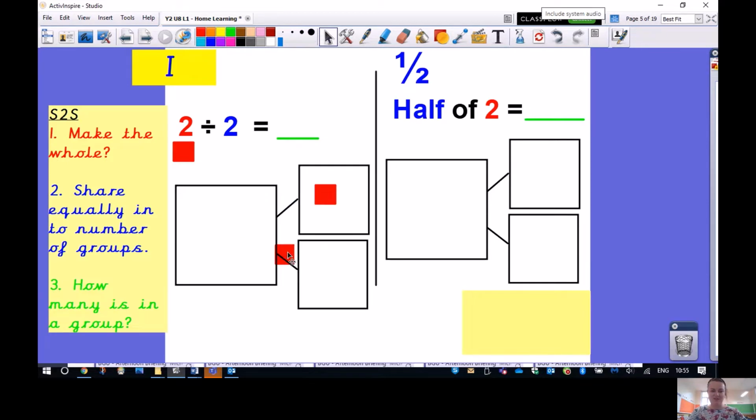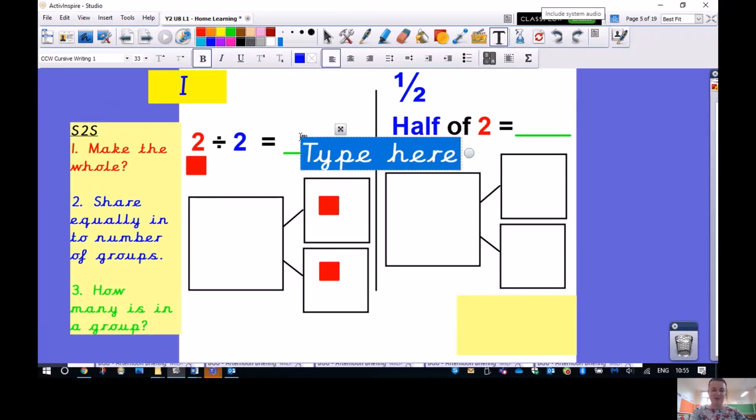How many is in each group? There's 1 in each group. Both groups have 1. So 2 divided by 2 equals 1. And this is exactly the same as half of 2.